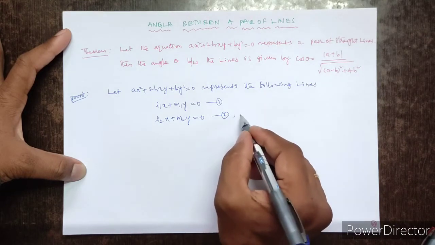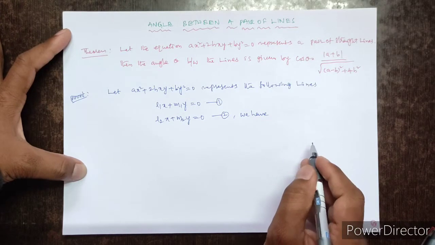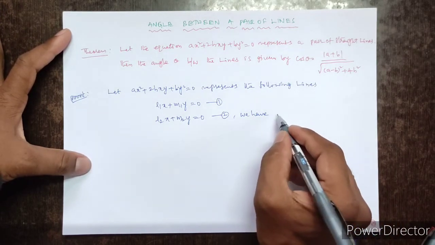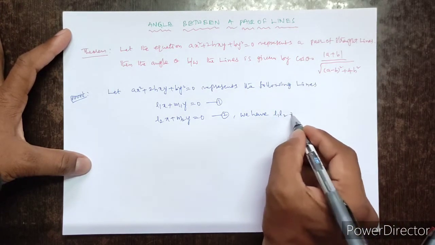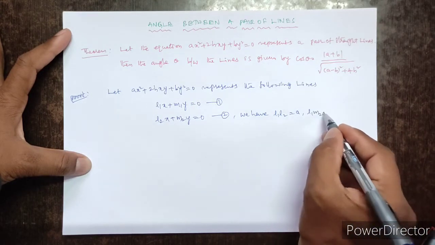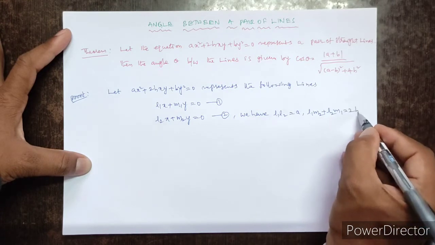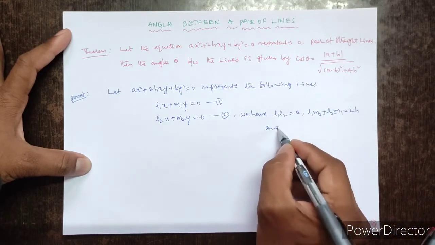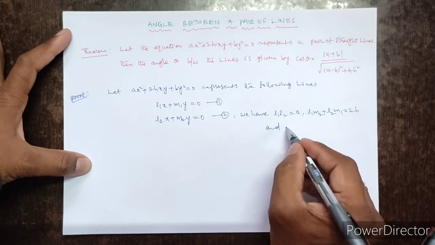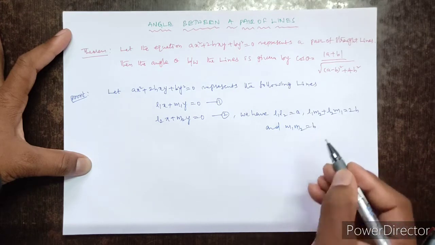Already we have the product of these two lines resulting in L1 L2 equal to a, L1 M2 plus L2 M1 equal to 2h, and M1 M2 equal to b.